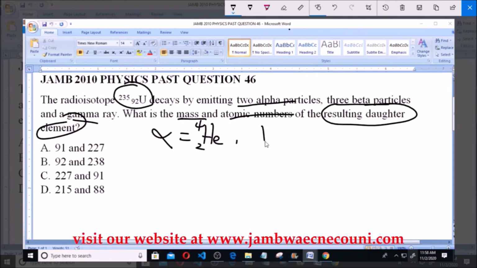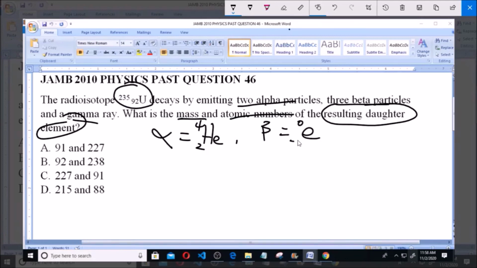Then a beta particle is similar to an electron, which has mass number of 0 and atomic number of -1, and then a gamma ray has atomic number of 0 and mass number of 0. So it will be important to note these particles.